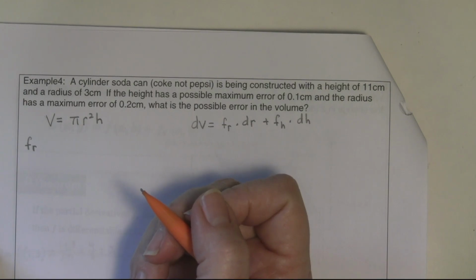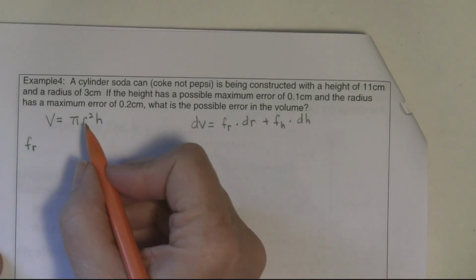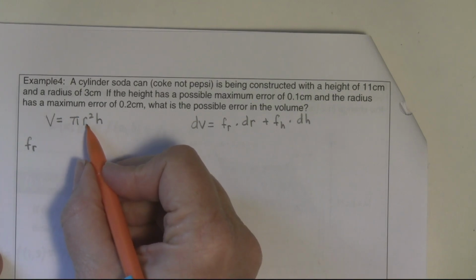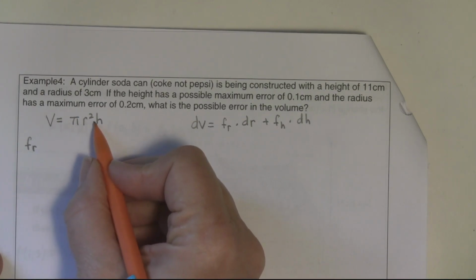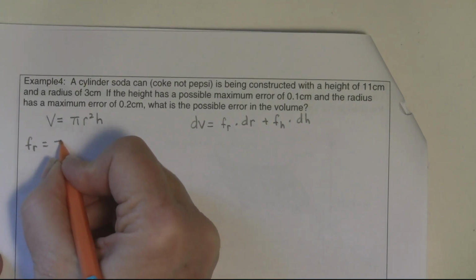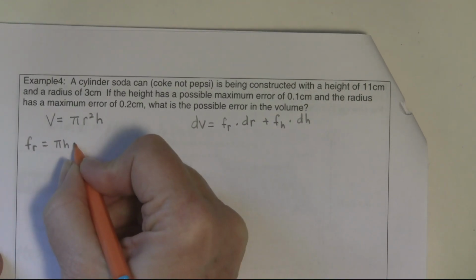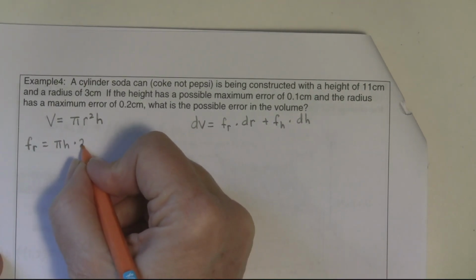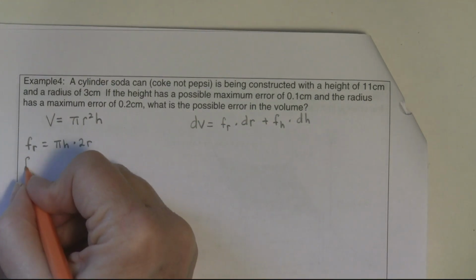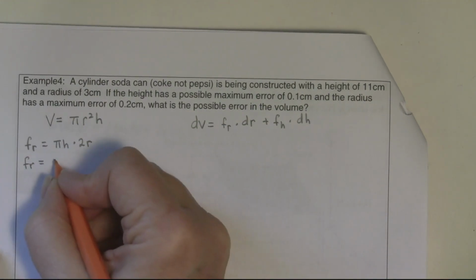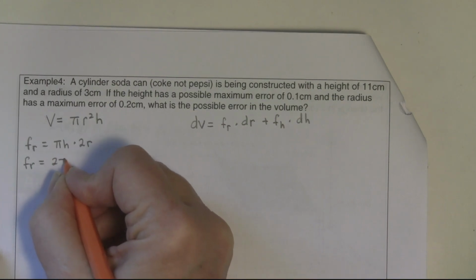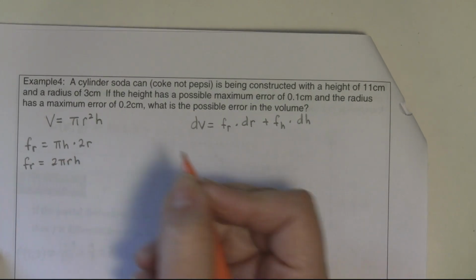And so if we try to find that, then it's going to be, so partial with respect to r. Now pi is a constant and h is a constant, so I'm going to hold them still. And then take the derivative of r squared, so that's 2r. So this fr right here is equal to 2 pi rh.